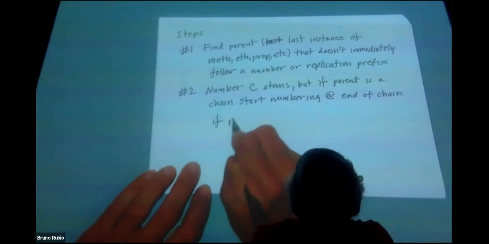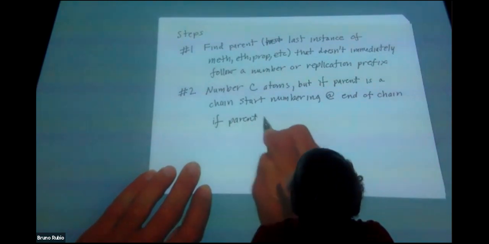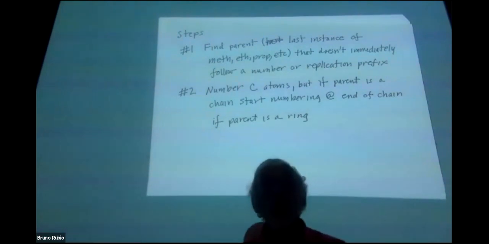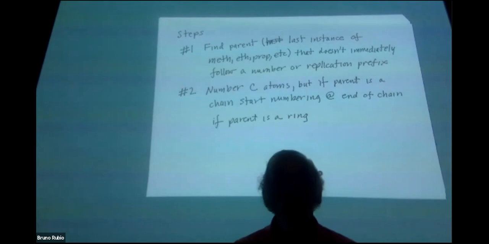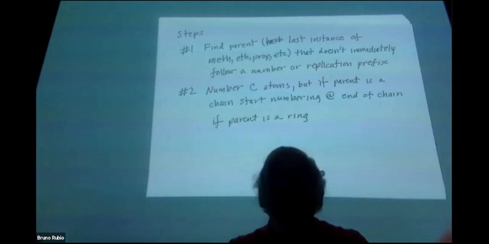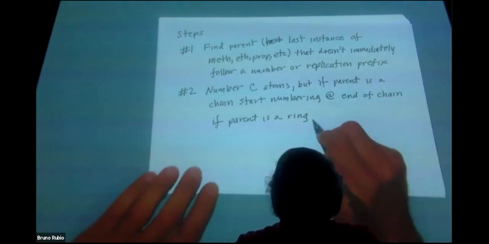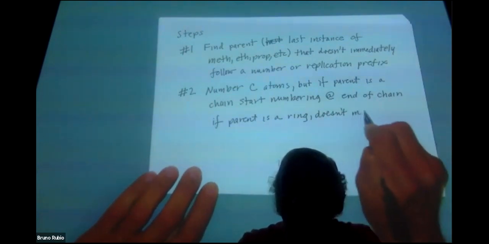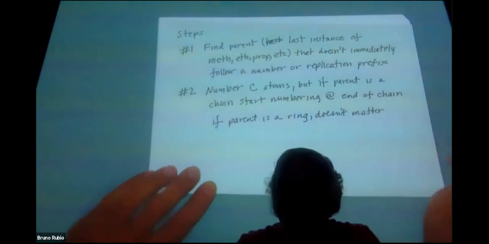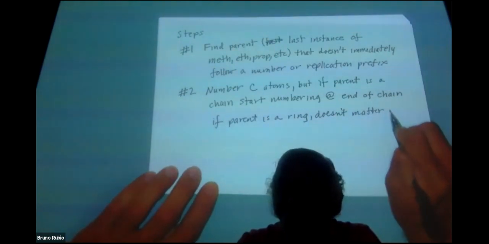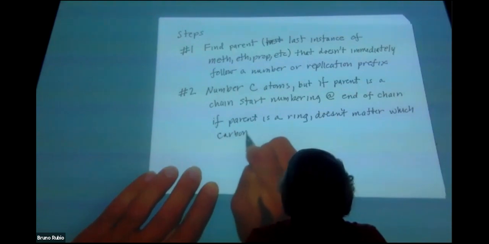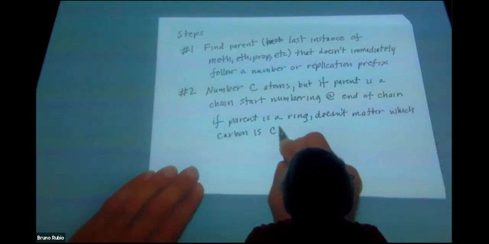If the parent is a ring, right? So you're going to be seeing something like cycloprop or cyclobute or something like that. It doesn't matter which carbon is C1.